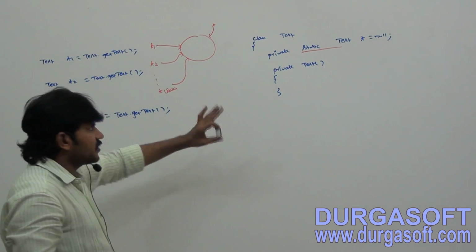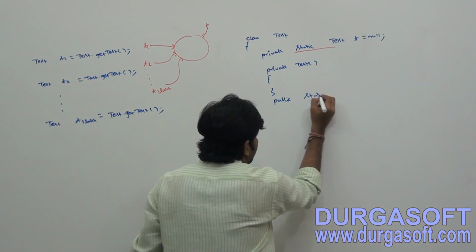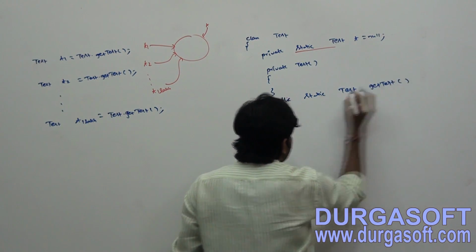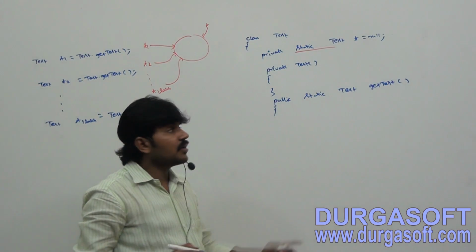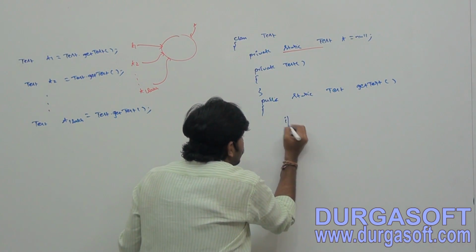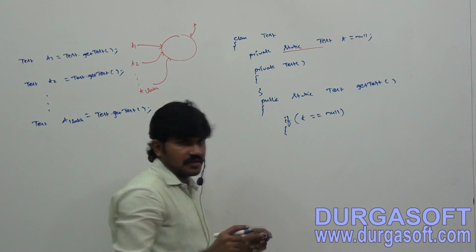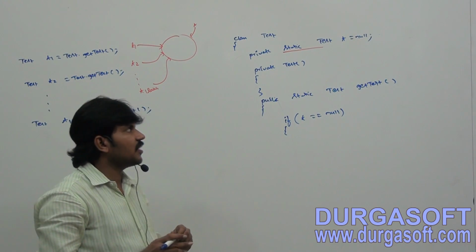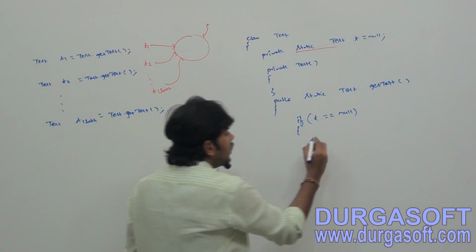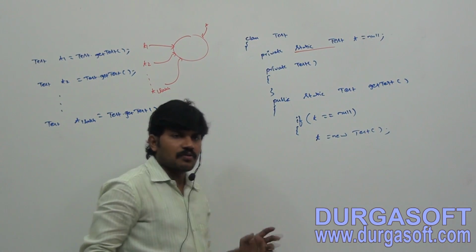Now when a person requests, the public static Test getTest method. At the beginning, is any object created? No. So what I will do: if t == null, the object is not yet created, so create a new object: t = new Test().